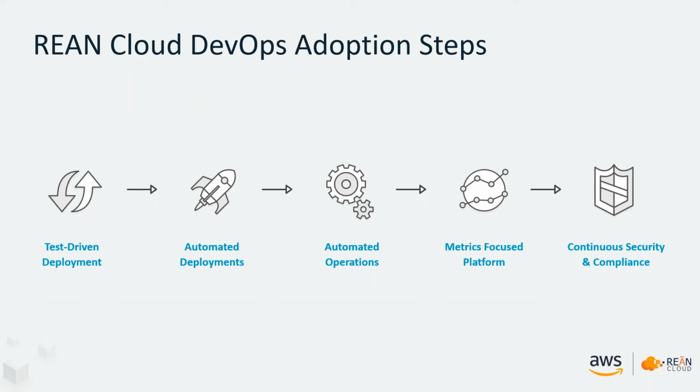So in terms of our approach, we really focus on this adoption process. We're big believers in a test-driven approach. Fail fast is kind of our mantra. We're very much proponents of leveraging automation to do these things in a very repeatable, efficient, consistent process.